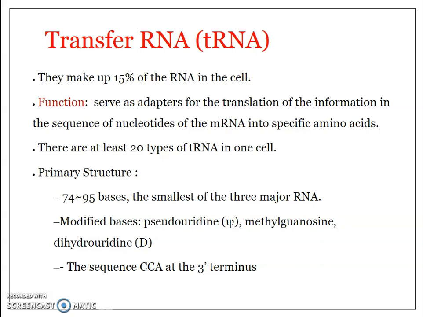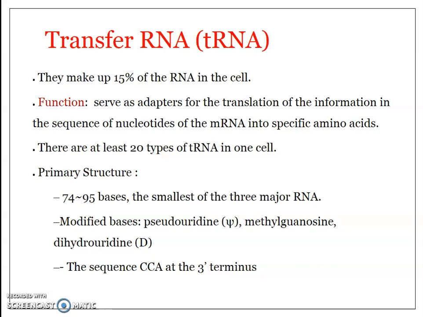Right, now, we already know that there are 20 amino acids which are used for the synthesis of proteins. There are plenty of amino acids, but among them only 20 come into play for protein synthesis. Hence there are at least 20 different kinds of tRNA that can bind specifically to these 20 amino acids.